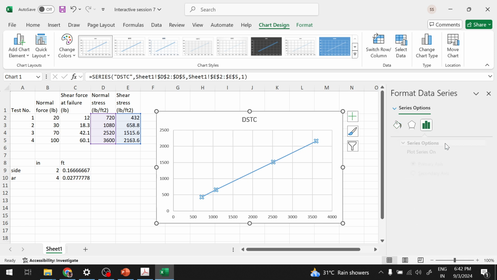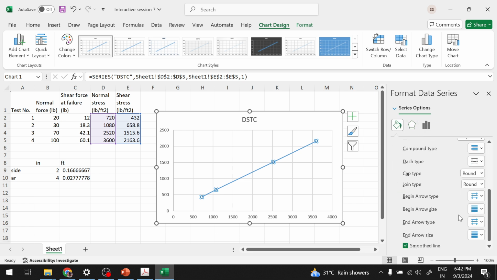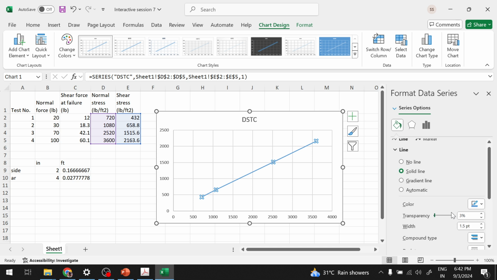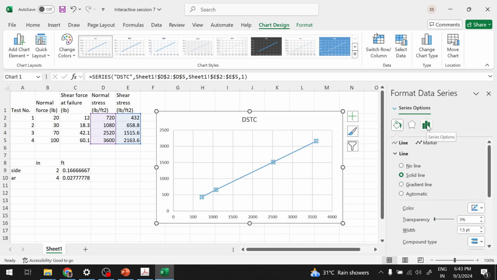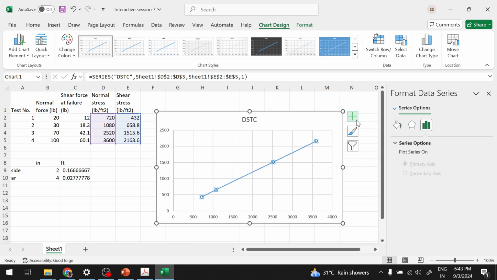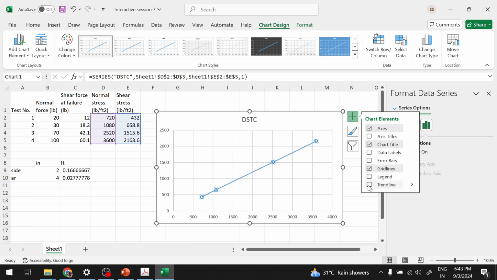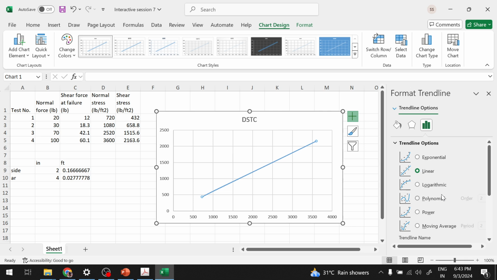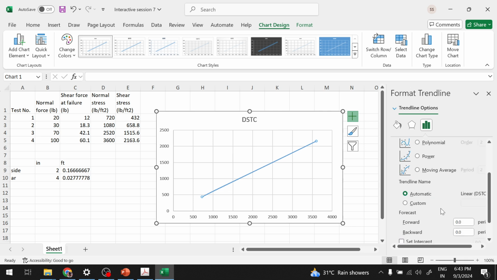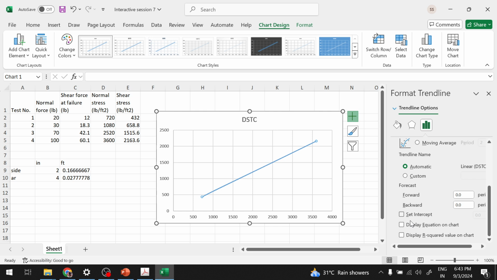We will display the equation into linear trend line. Let's display the equation here. Okay, it's almost going through the zero intercept.